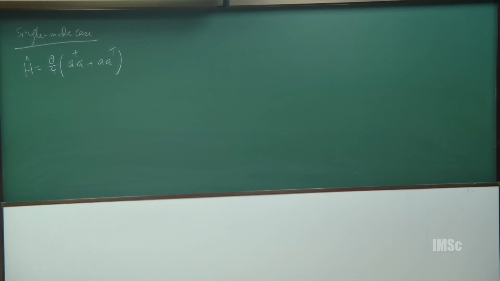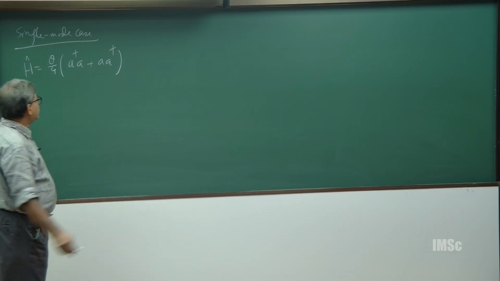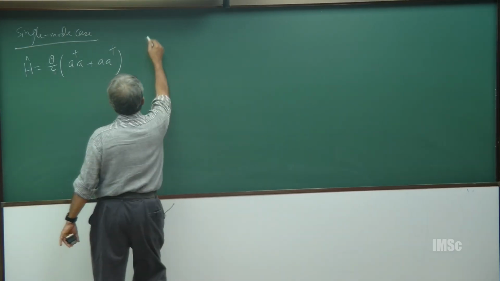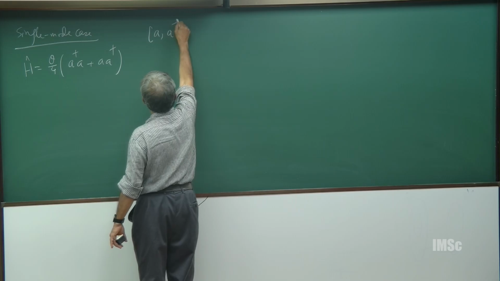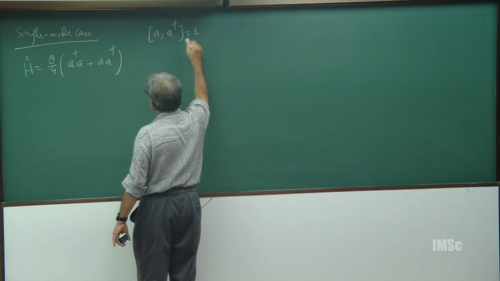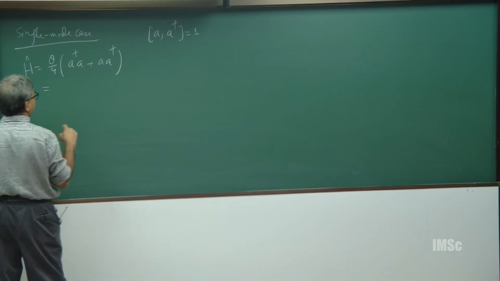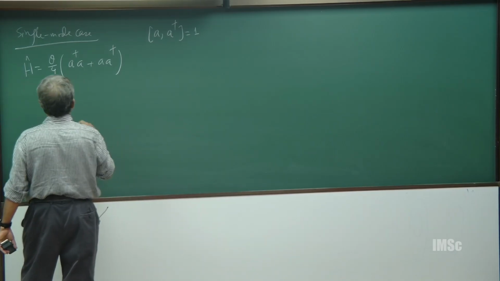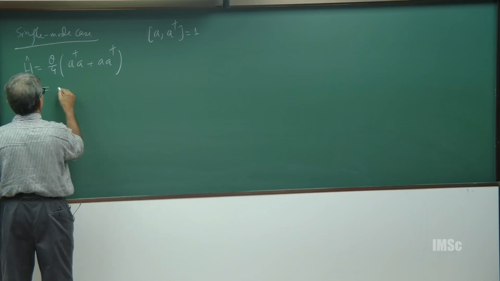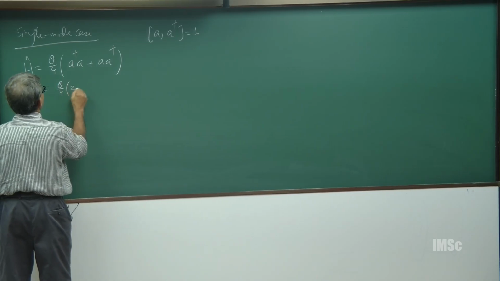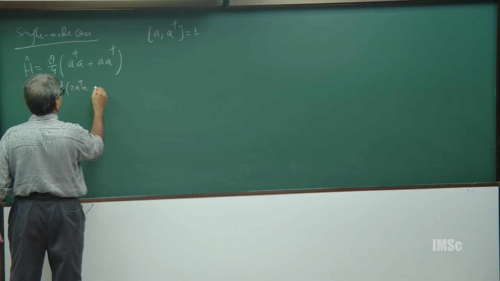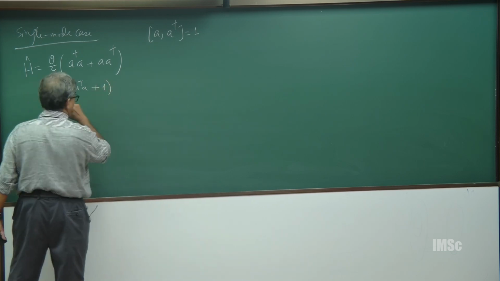and how does it change? So, because of this relation, what will be this? This is theta by 4 times 2 a dagger a plus 1.